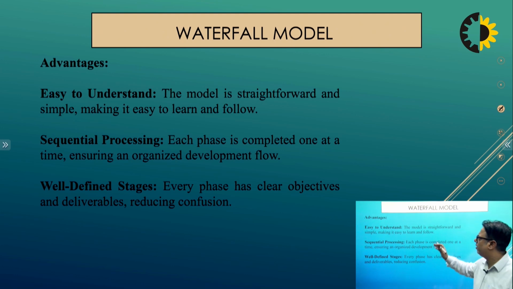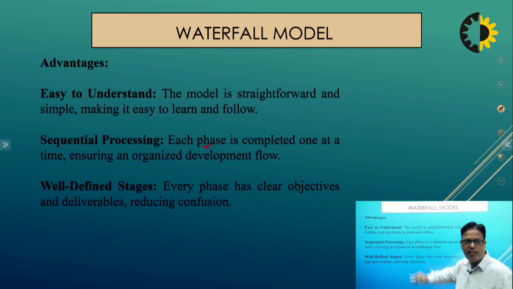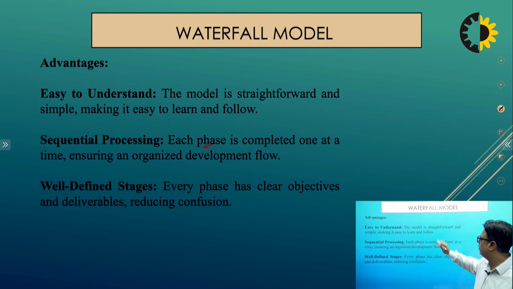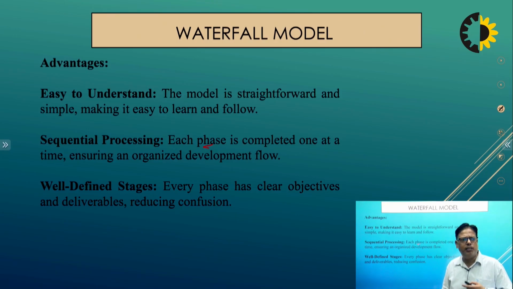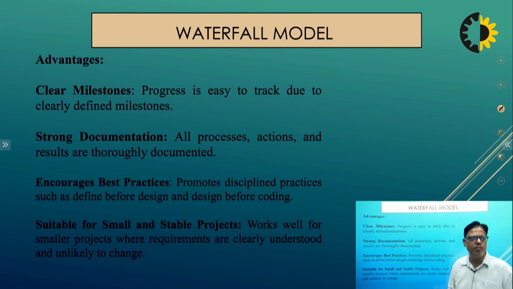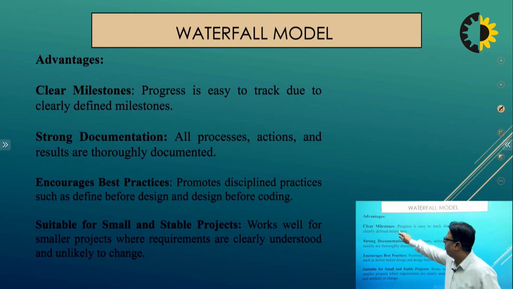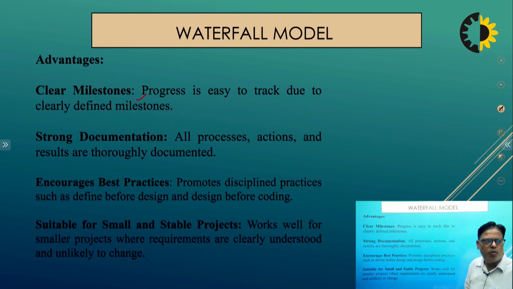What are the advantages of the waterfall model? Basically, it is easy to understand. This model is straightforward and simple, making it easy to learn and follow. Sequential processing: each phase is completed one by one. Well-defined stages: every phase has clear objectives and deliverables, reducing confusion. Clear milestones, objectives and goals.